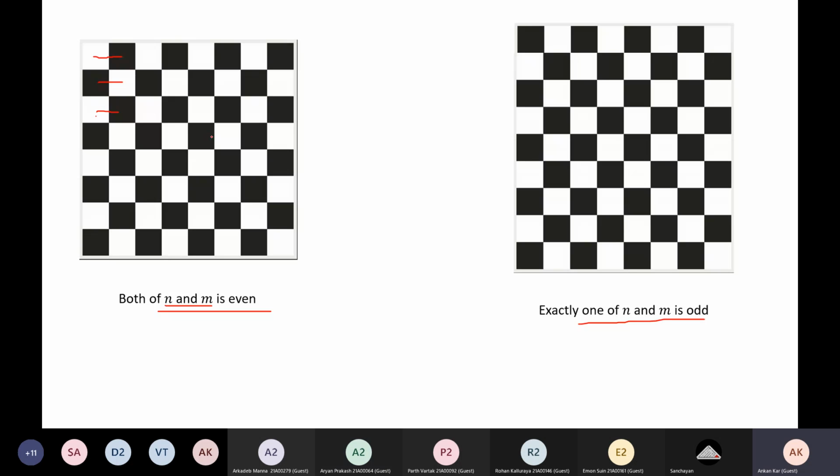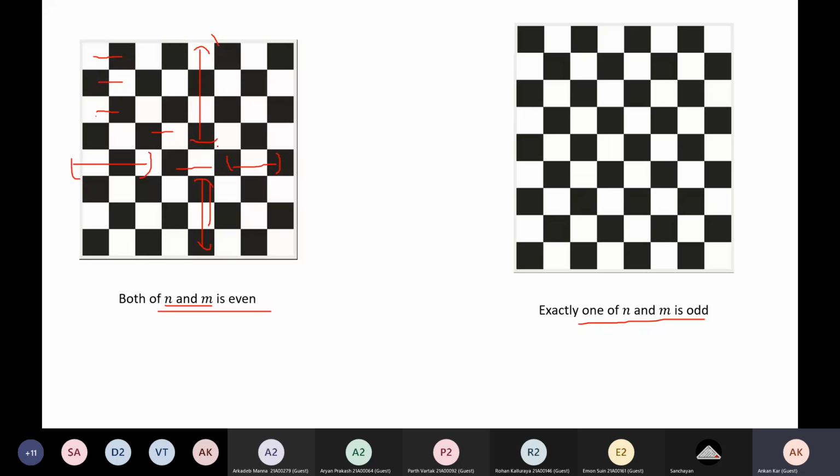Suppose you put k dominoes here, and even if you put like this or this, the net length of this region or this region will have an odd number of cells remaining.